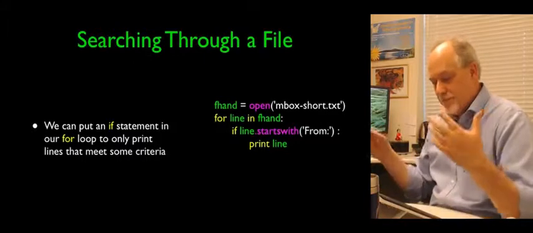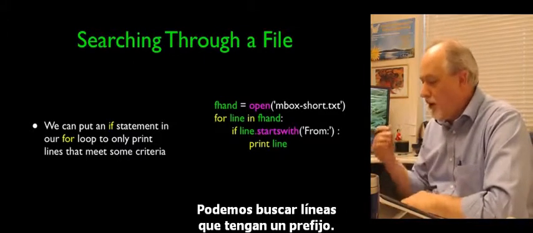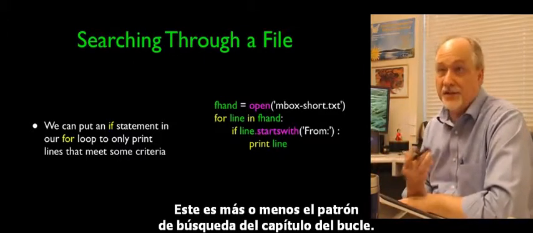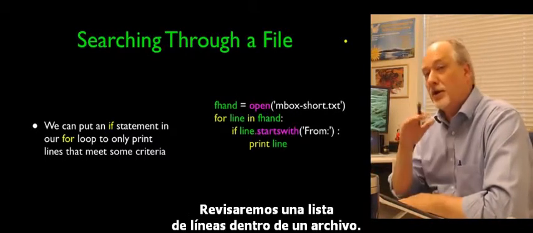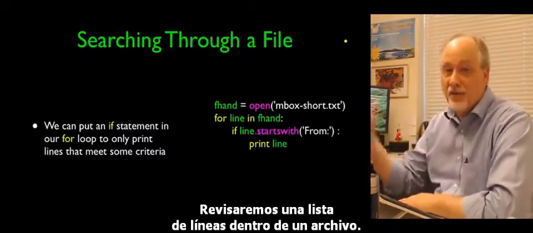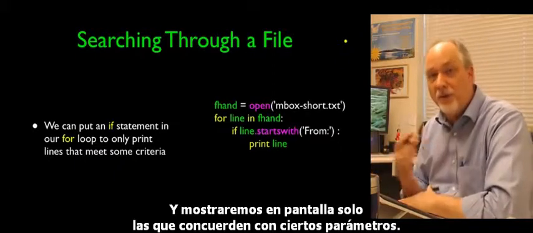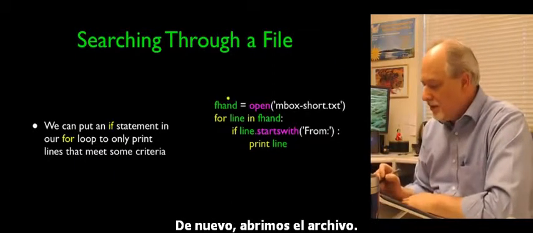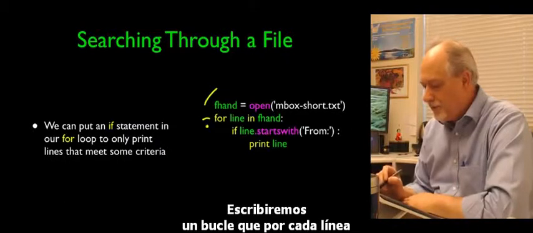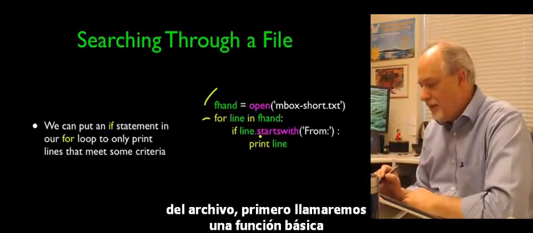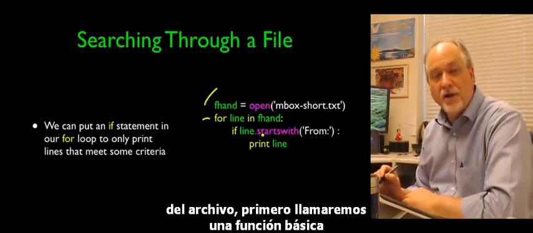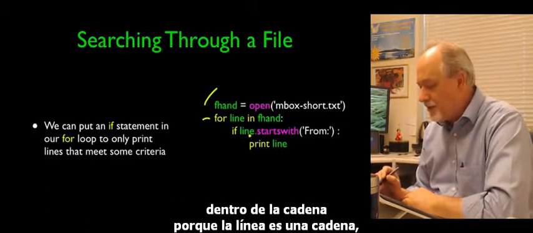Okay, so we can search for lines that have a prefix. This is kind of the find pattern from the looping lecture. So we're going to go through a list of lines in a file, and we're going to only print out the ones that match a certain thing. So again, we open the file up. We're going to write a for loop that's going to say for each line in the file, if the line, and then we can call a utility function inside of string, because line is a string.